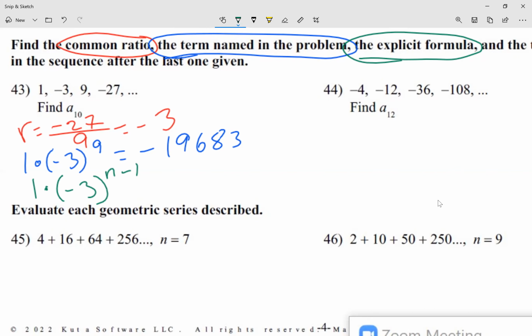It's always 1 less. Now, in multiplication, the 1 at the very front, it is okay if we ignore it. So that's fine if you guys go 1 times negative 3 to the n minus 1, or if you just write negative 3 to the n minus 1. Again, in multiplication, the number 1, we can always ignore it.